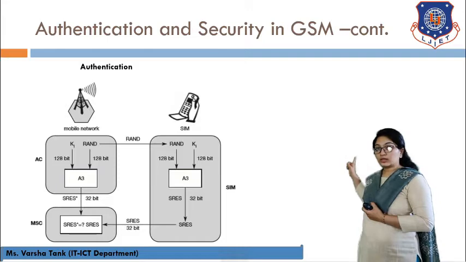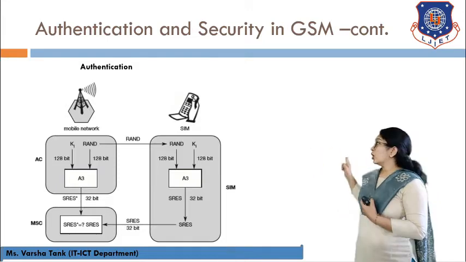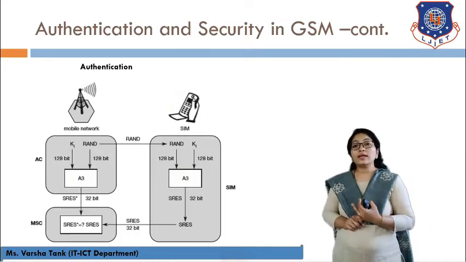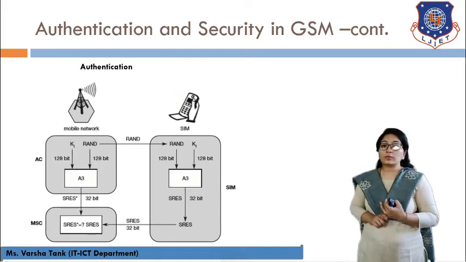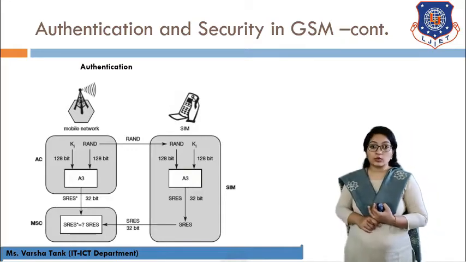Every time, at the authentication center and at the SIM side, the authentication center will generate a 128-bit random number, which is given to the A3 algorithm.